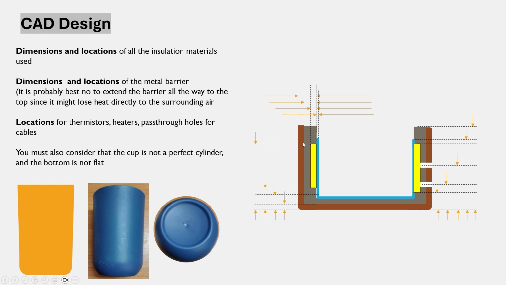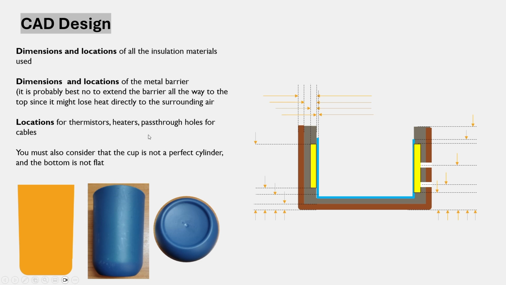What we are looking for is the distribution of thickness on the sides and on the bottom. And if you have some in-between materials, where exactly are they located? All these dimensions need to be shown if that's what your design is.